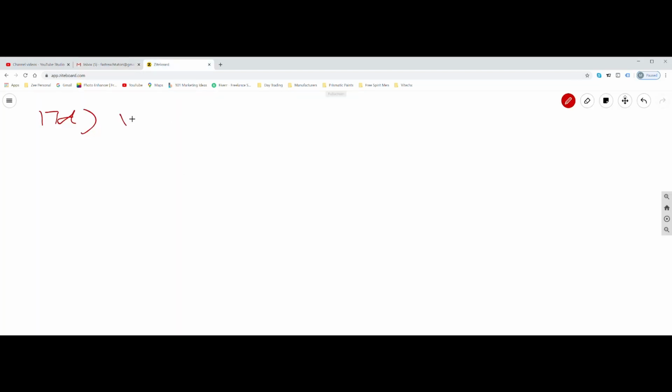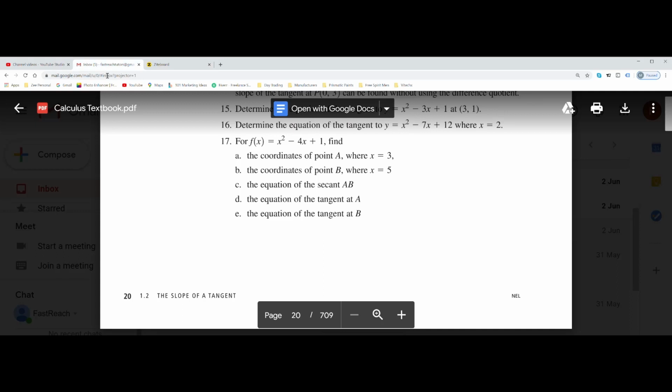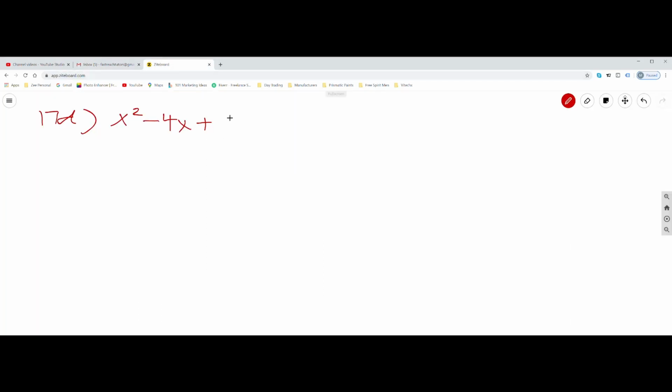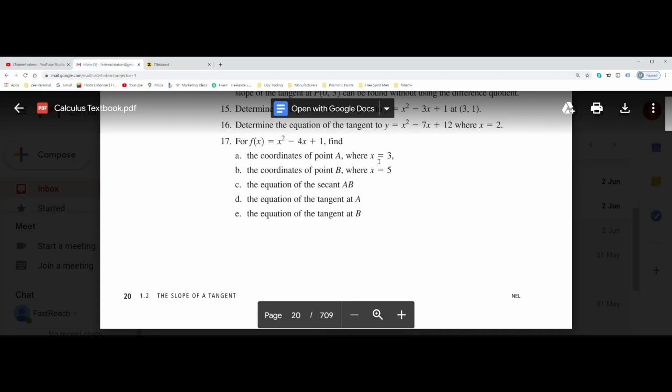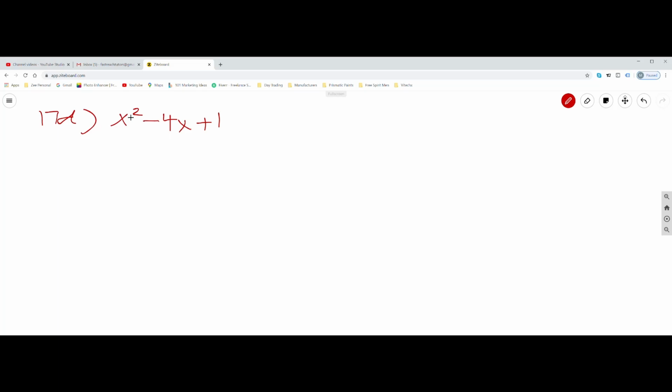So we have x squared minus 4x plus 1. And when x is equal to 3, we have 9 minus 12. So it was 3 and negative 2, right? Those were the points we found.